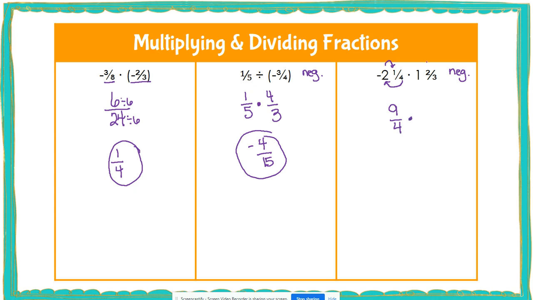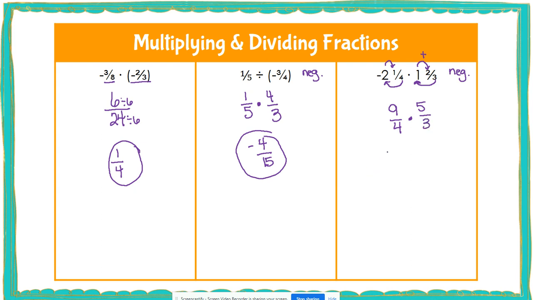I need to multiply this by the improper fraction for 1 2/3. So I'm going to multiply my denominator times my whole number. 3 times 1 is 3. Then add my numerator. So 3 plus 2 is 5. My new numerator is 5, and my denominator remains 3.